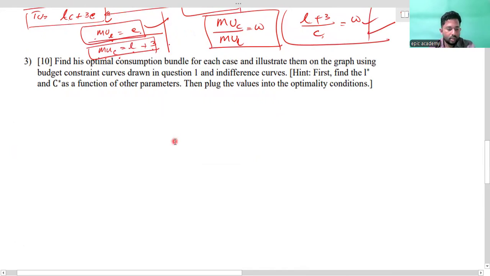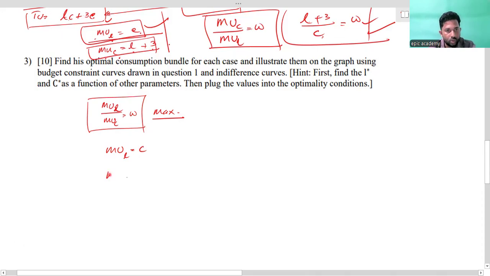So the optimum bundle can be utilized as the profit maximizing bundle: MUL divided by MUC equal W. So this is the consumption maximizing bundle equation, right? We already did MUL equal to C, isn't it?